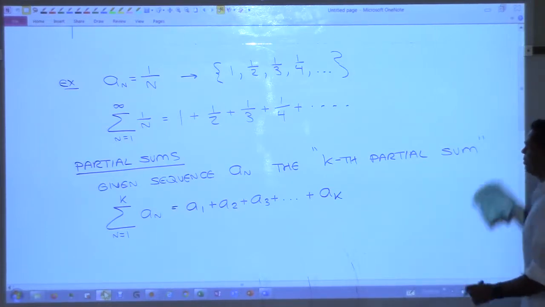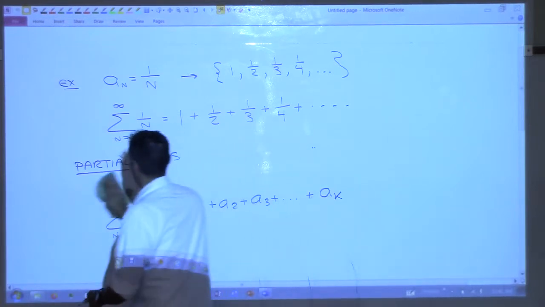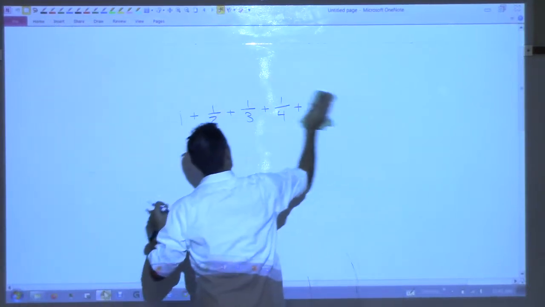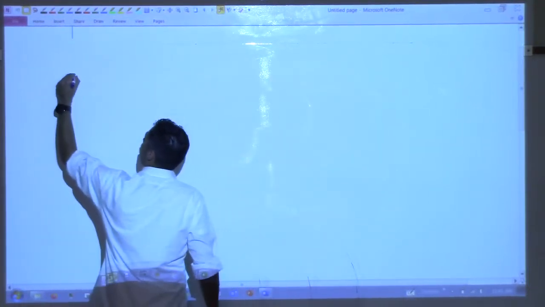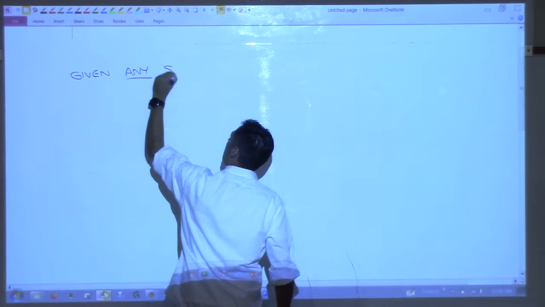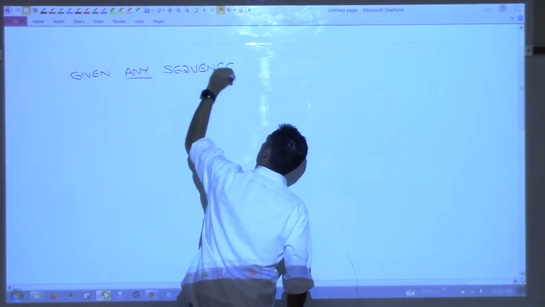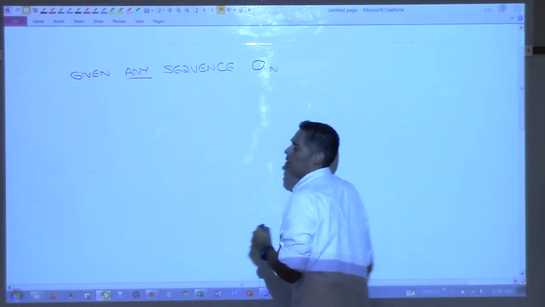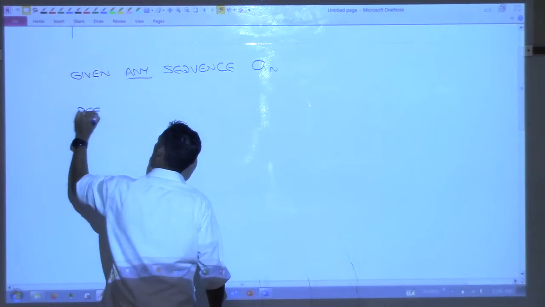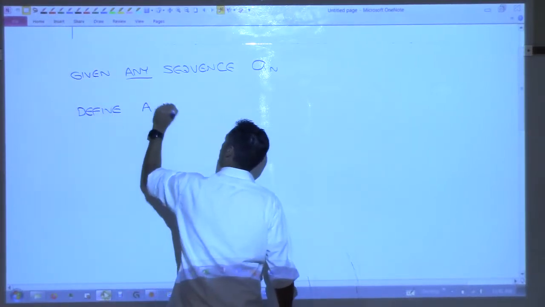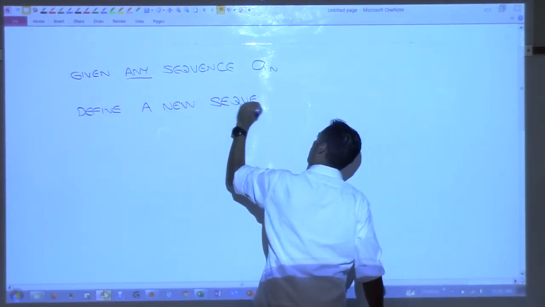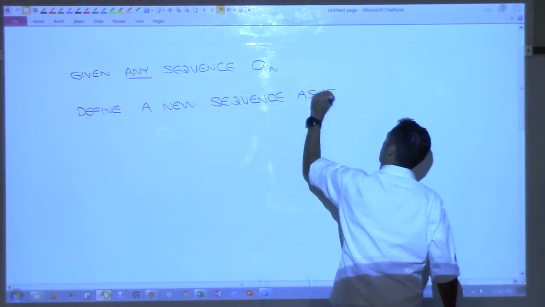Moving ahead. If that's the kth partial sum, then I want you to take a look at this. Given any sequence A sub n, define a new sequence as follows.